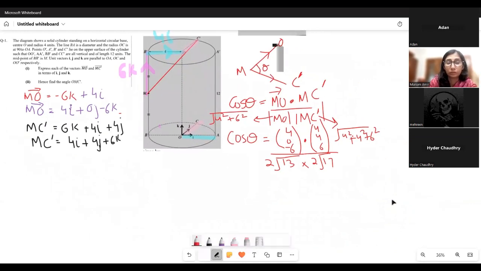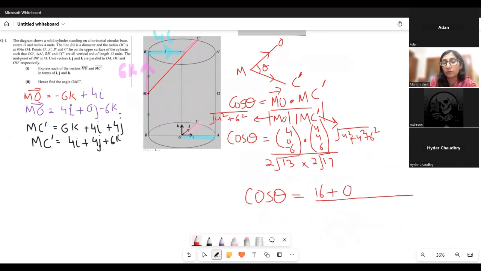So cos theta equals, the numerator is the dot product, which is going to be 4 times 4, 16, plus 0 times 4, 0, plus minus 6 times 6, which is minus 36.